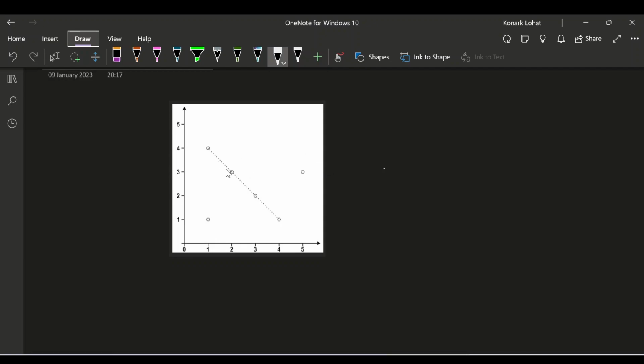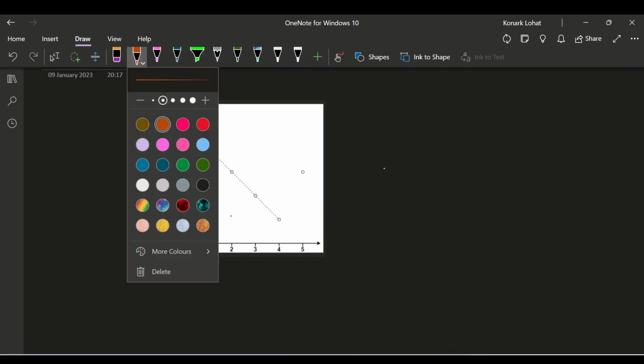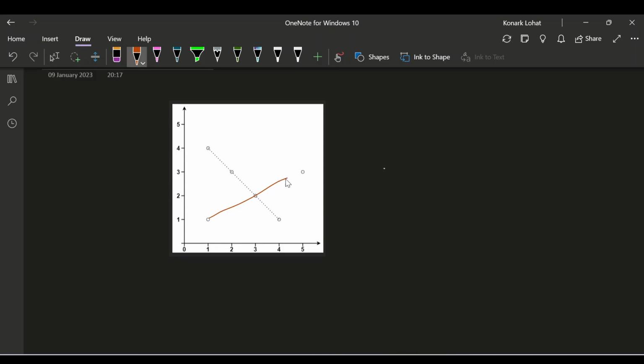Now after having these points, you can connect all of them together if you want to, because there will also be a straight line going somewhere in this direction.